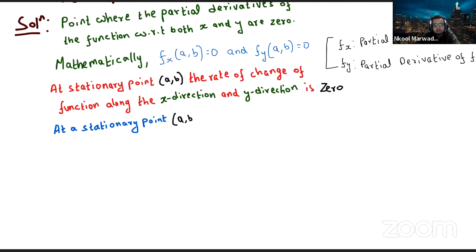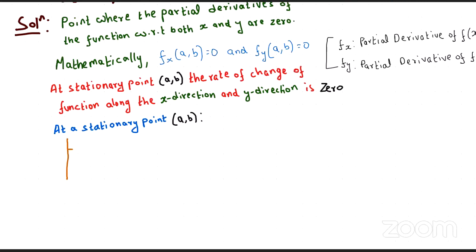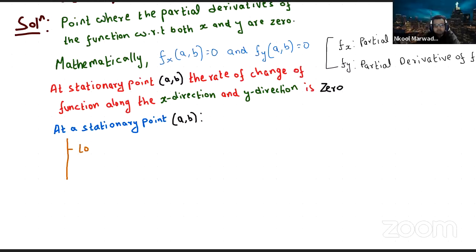The function may have a local maxima. A function may have a local minima, or it can be a saddle point.